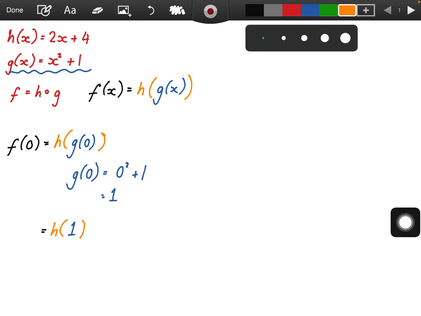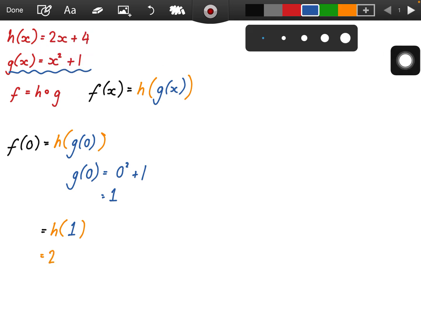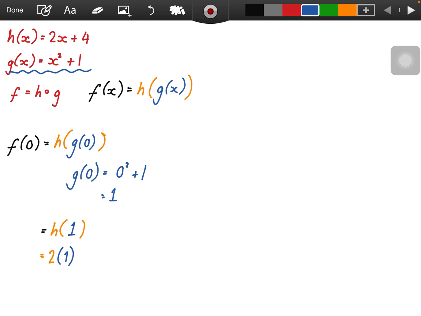My function h was 2x plus 4, so it is 2 times 1 plus 4. So it is 2 plus 4, which is 6. Now, that is kind of a long process if I have to go through that for every number that I have as an input for f.